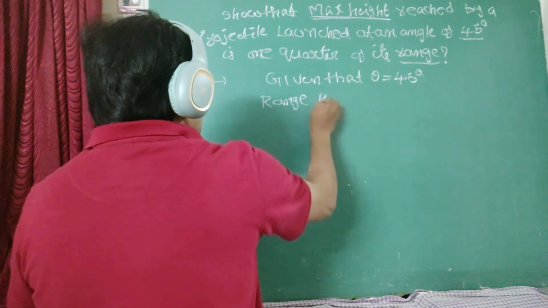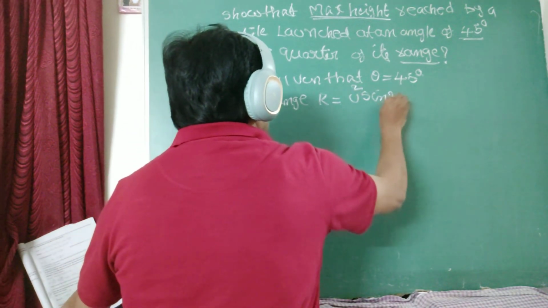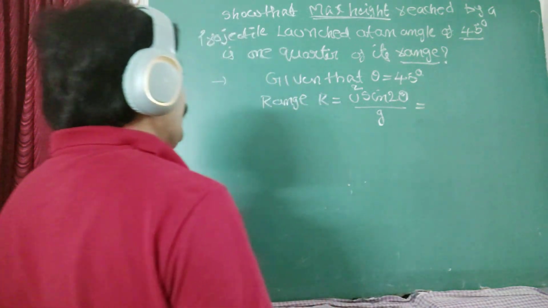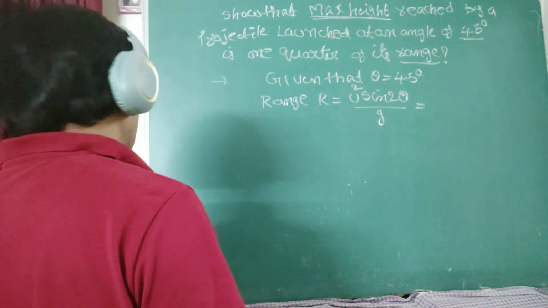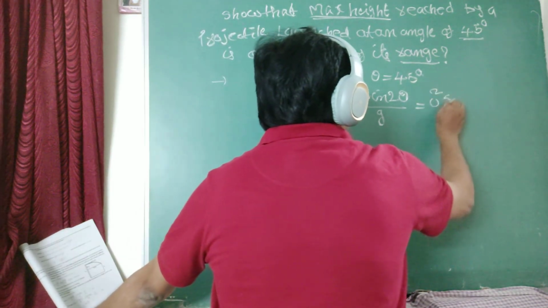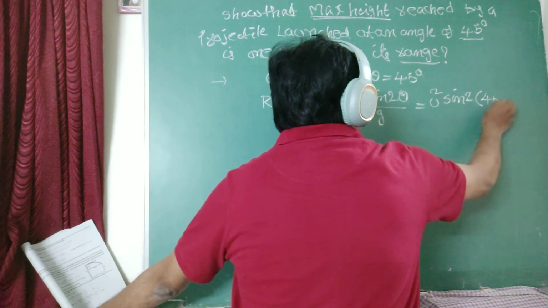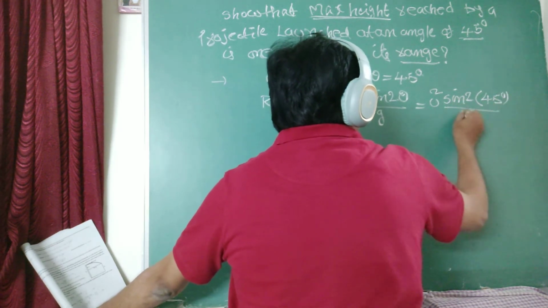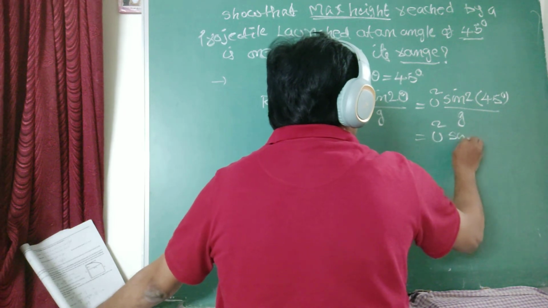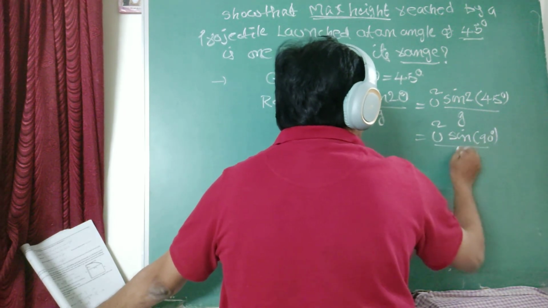Range, represented by R, equals U square sine 2 theta by G. Now here U square sine 2 into 45, which is 90, divided by G.